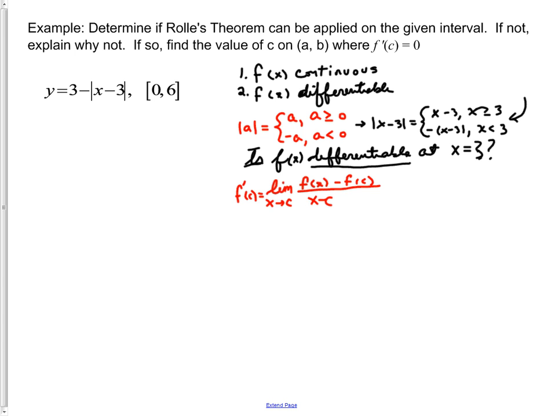So our question right here is, would that limit exist at c equals 3?